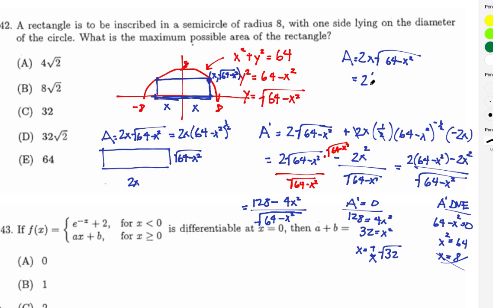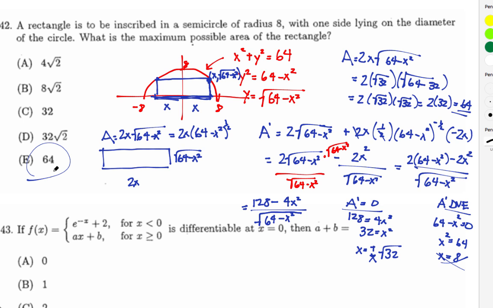So I have 2 root 32 times root of 64 minus root 32 squared, which is just 32. So I have 2 root 32 times root 32, which is 2 times 32, or 64. So E is my answer there.